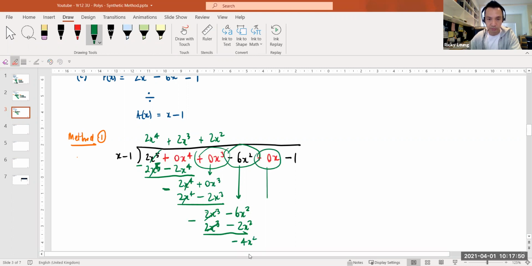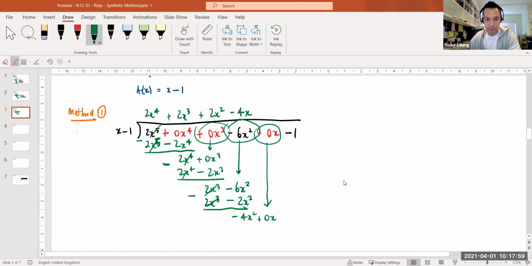Bring down the 0. So minus 4x there. So I've got minus 4x squared plus 4x. Step 3, subtract that. 0 minus 4 is negative 4x.